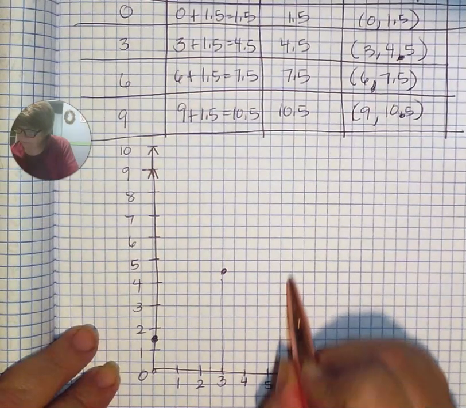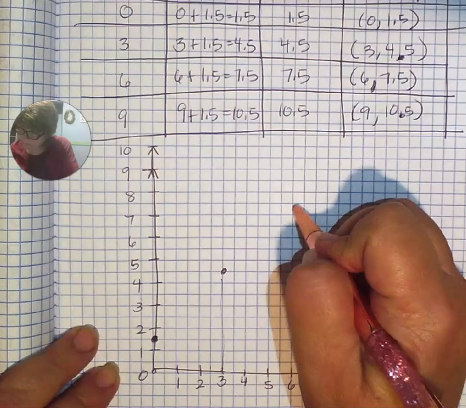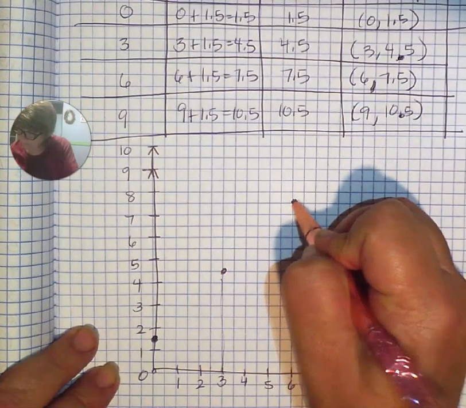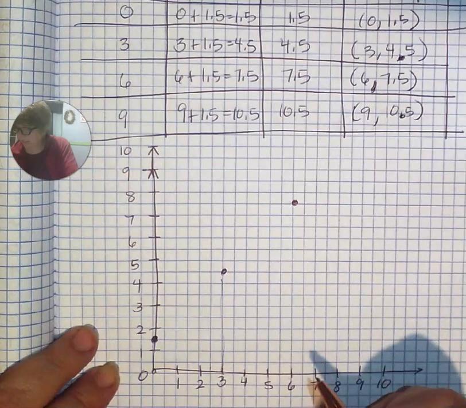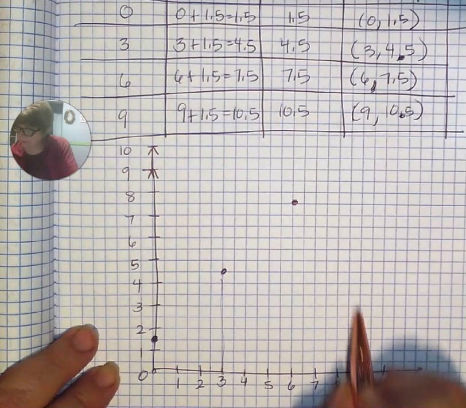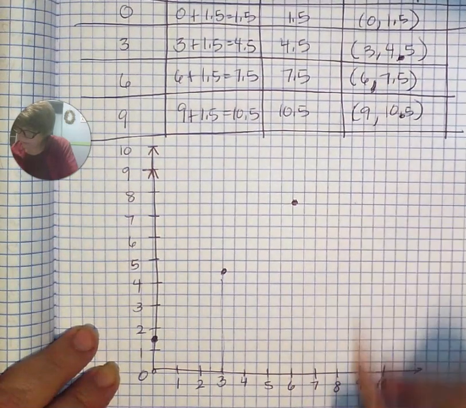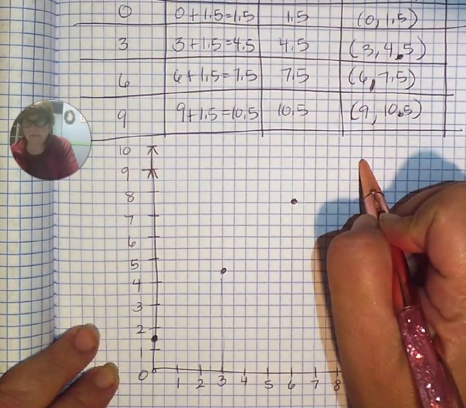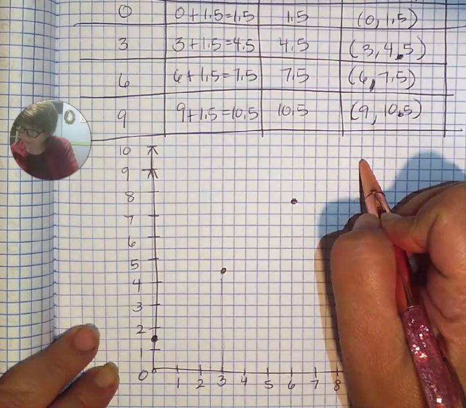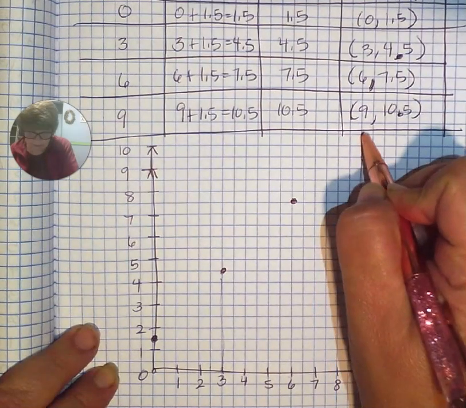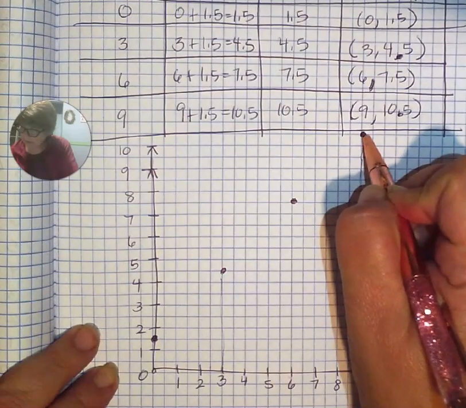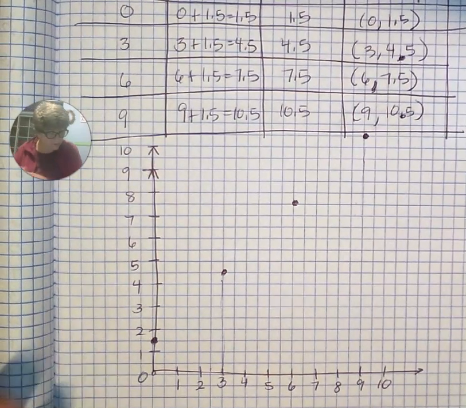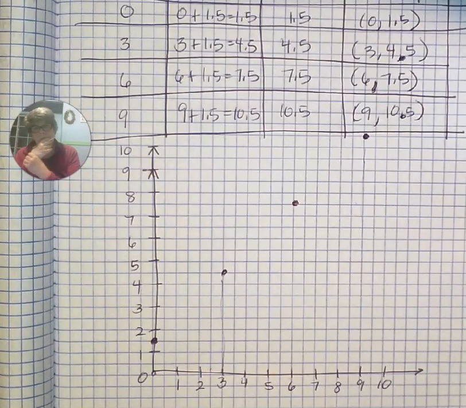And 9, 10 5/10. I don't have that on my grid, so I'm just going to have to put it way up there. You got yours? Are they in a line? Did you double check them? Okay.